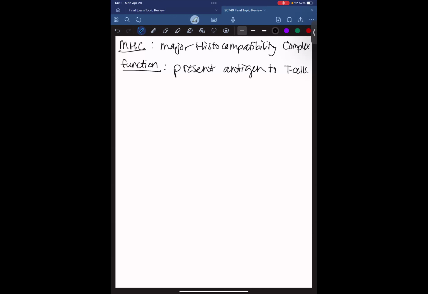There are 2 types of MHC, MHC1 and MHC2.